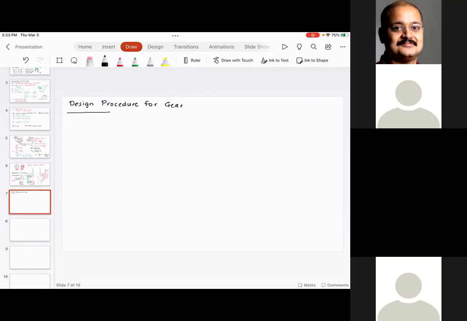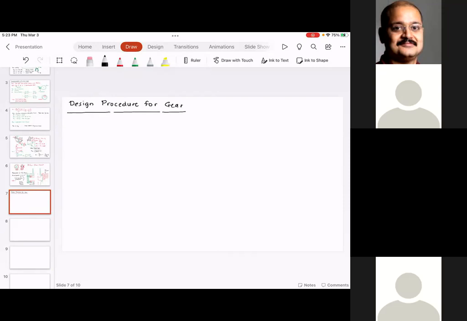And this procedure is going to be similar for the helical gear. So next chapter is going to be the design of helical gear. So we are going to follow the steps of the spur gear design. We will take the helical gear and convert that into an equivalent spur gear and follow the exact same procedure.